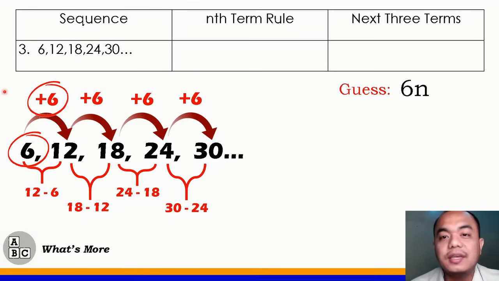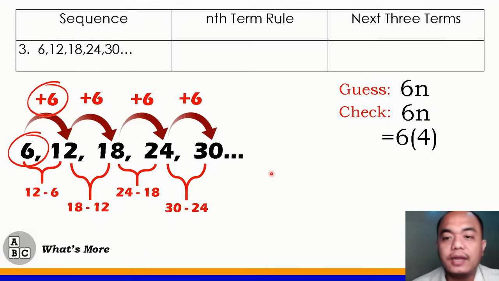So obviously, our guess here is only 6n. No? Wala nang i-add, wala nang i-multiply, or wala nang i-subtract. No? Kasi once we have the same common difference with our first term, we only combine the common difference with the term number, which is n. Okay, so let's try to check if our guess is correct.